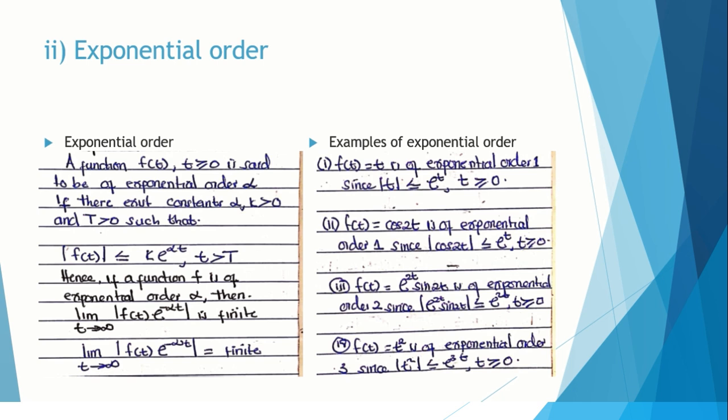Hence, if a function f is of exponential order alpha, then when we take the limit of that function as t tends to infinity, the modulus of that function multiplied by e to the power minus alpha t has to give us a finite value.